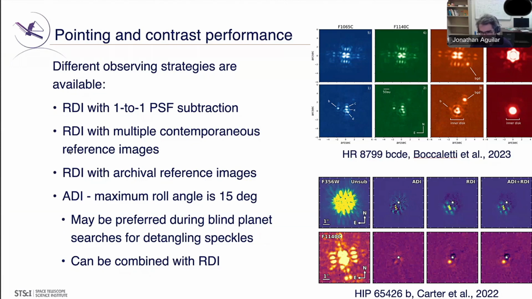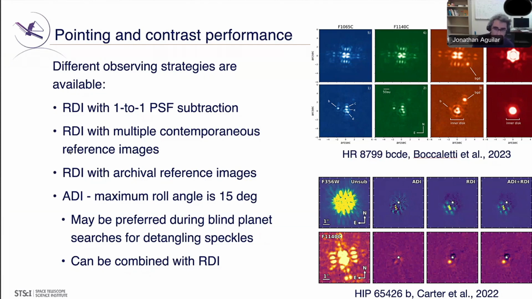Below that, we have Aarynn Carter's paper, who has a nice demonstration of the different strategies, both with NIRCam and with MIRI, of what you get when you do ADI, RDI, or you can even combine the two. These are important strategies to think about when you're thinking about your science case.